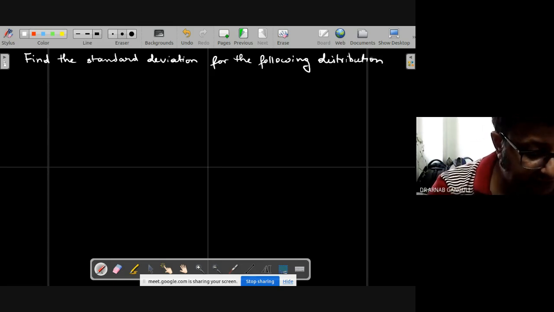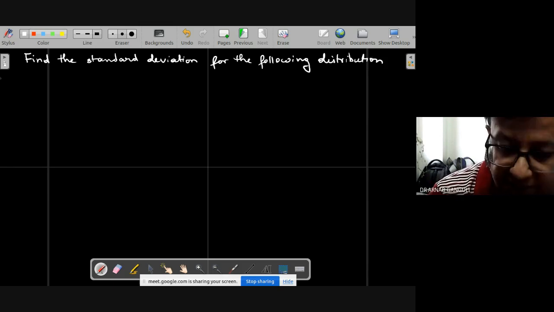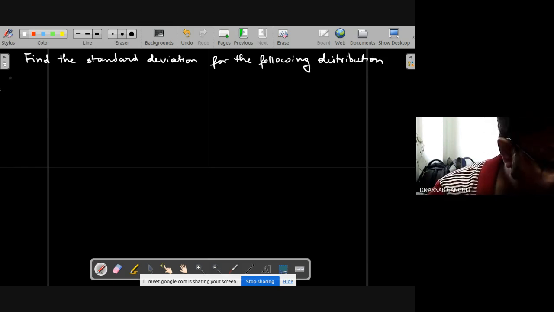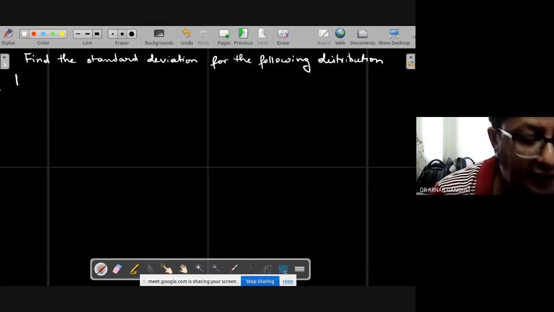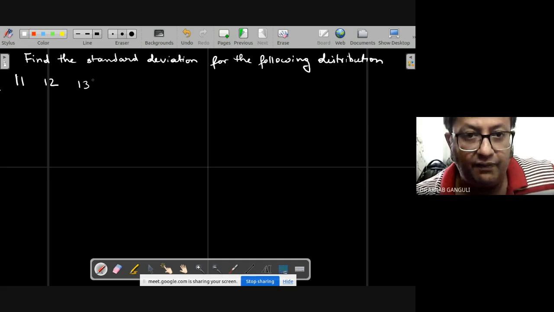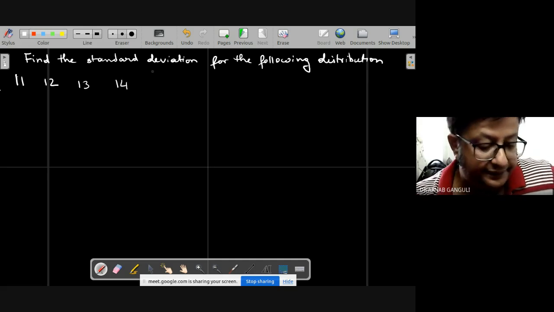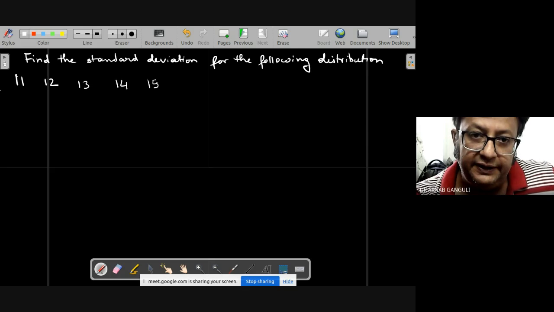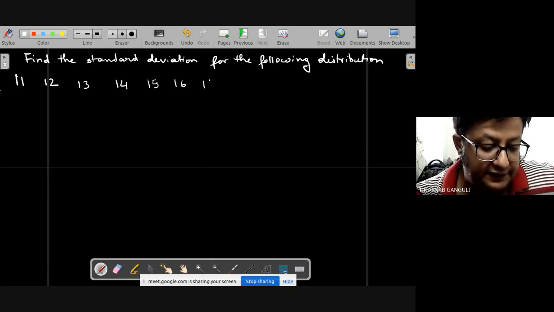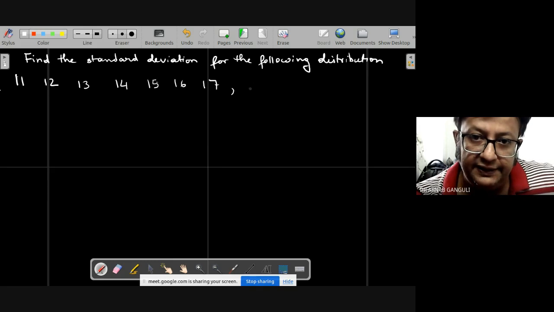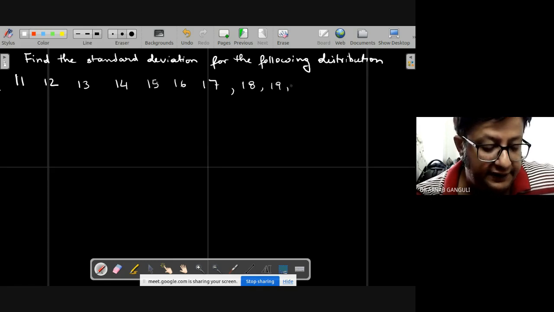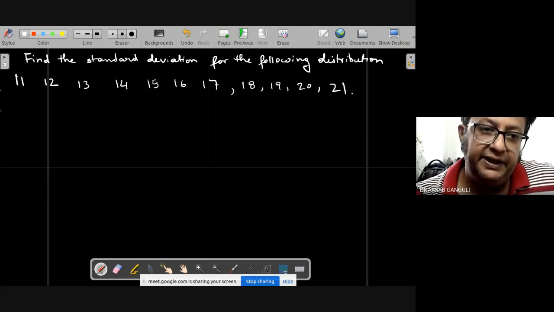So what are the numbers given? 11, I am copying this from the book, 12, 13, 14, 15, 16, 17, 18, 19, 20, 21. What is the arithmetic mean?